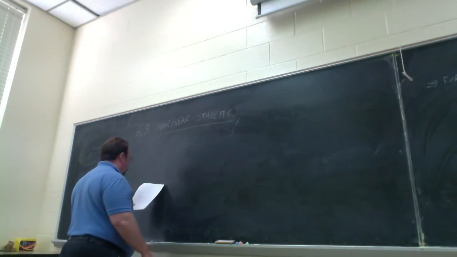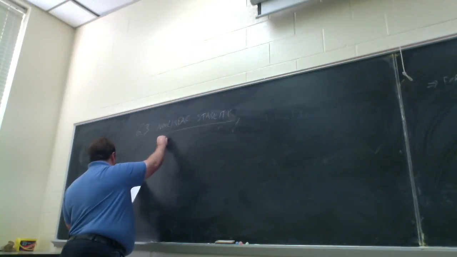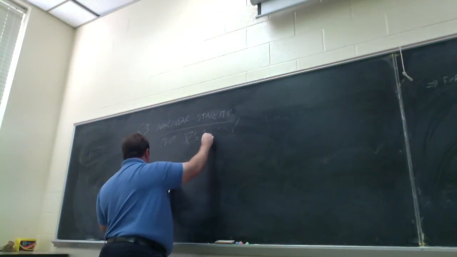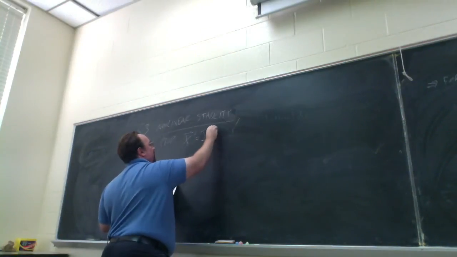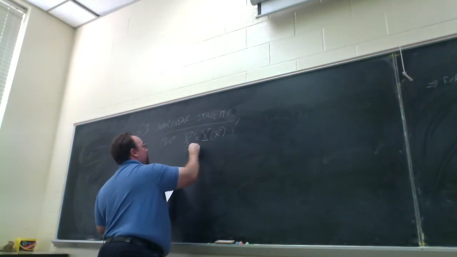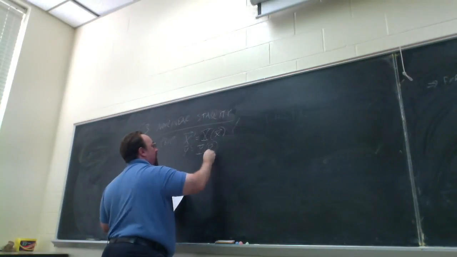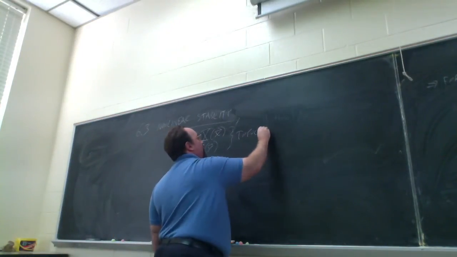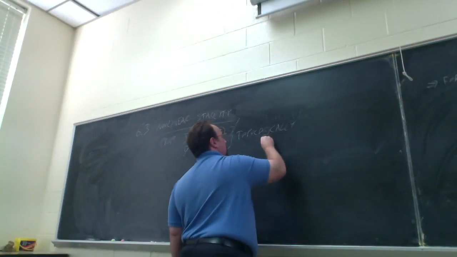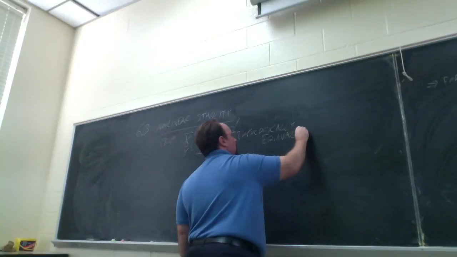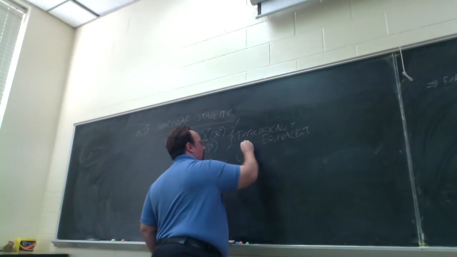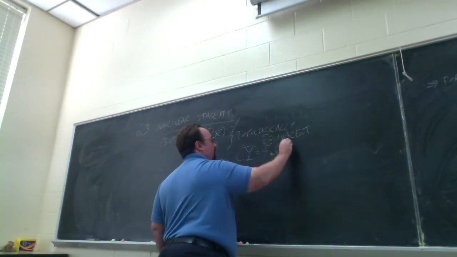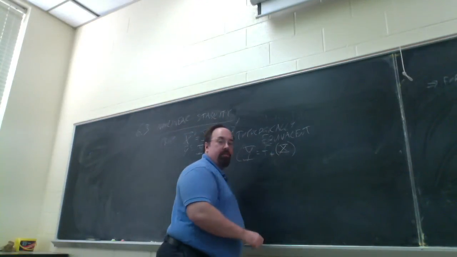So a proposition: if we have two systems, x prime is big X of x, y prime is big Y of y, and these systems are topologically equivalent, meaning that big Y is the push forward of X by F.